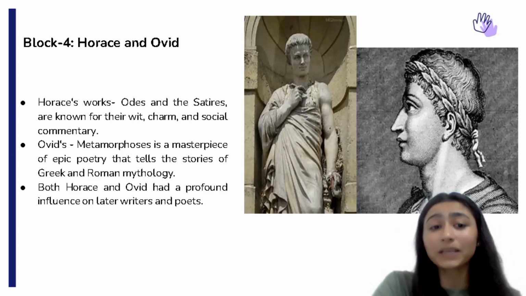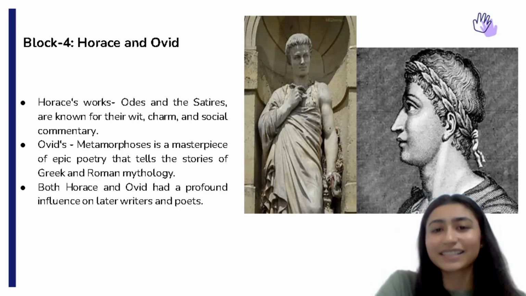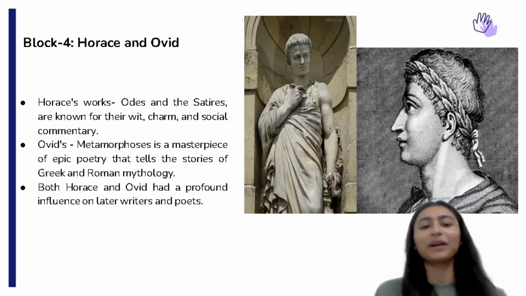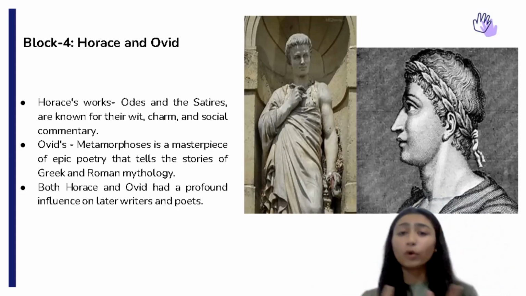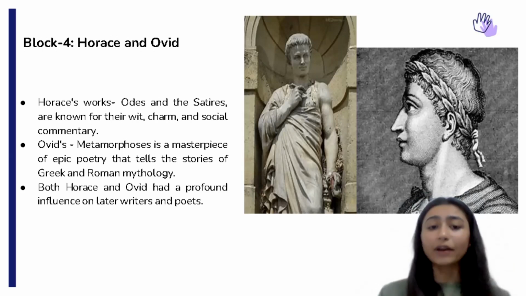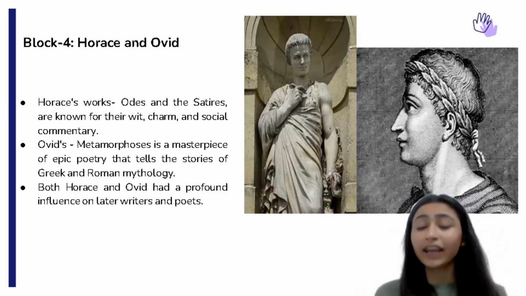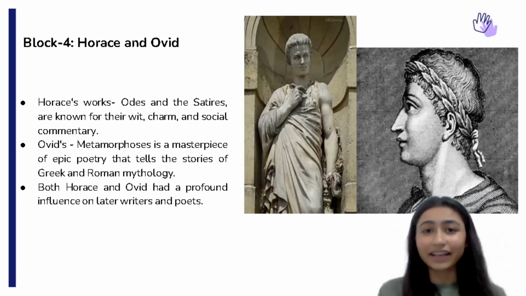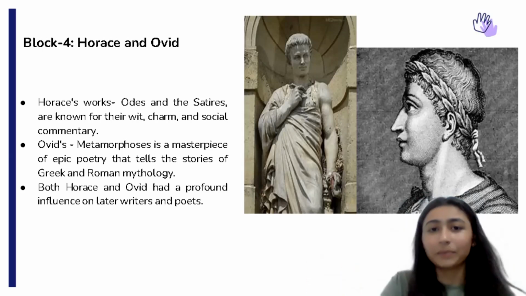It is a masterpiece of epic poetry that tells the story of Greek and Roman mythologies. Both Horace and Ovid had a significant influence on later writers. We get to see how the coming writers, Shakespeare and Milton, were influenced by the European writers.